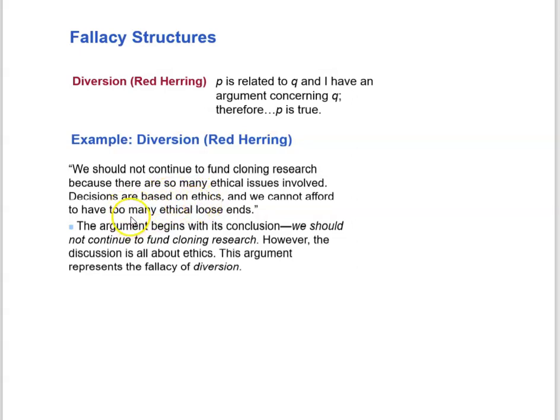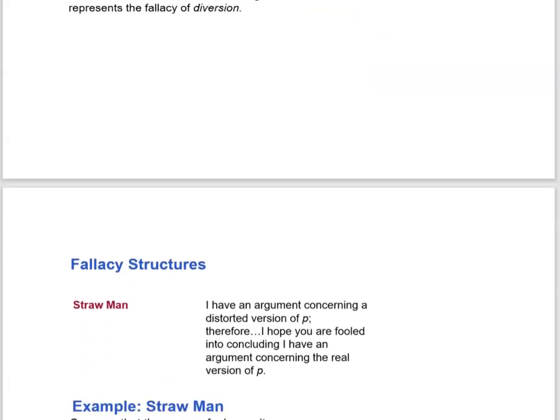You can't just say there are ethical issues, so we can't do it. You need to say what the ethical issues are to have a valid argument. So this is a diversion or a red herring. They're trying to distract from the argument.